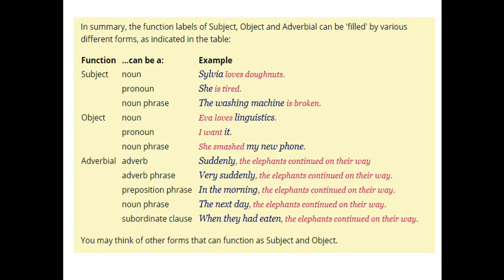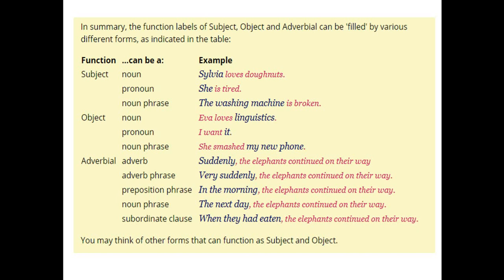So let's look at the next, adverbial as a function. It is expressed with an adverb, adverb phrase, preposition phrase, noun phrase, or subordinate clause. Suddenly the elephants continued on their way. Here suddenly is an adverbial expressed with an adverb. Very suddenly the elephants continued on their way.